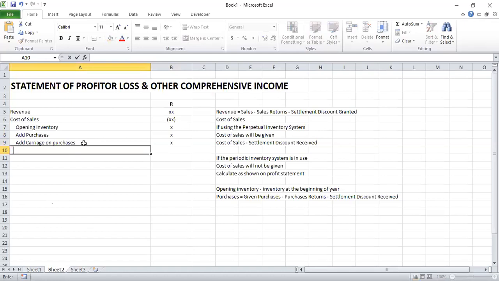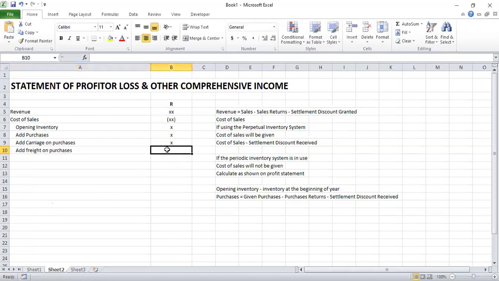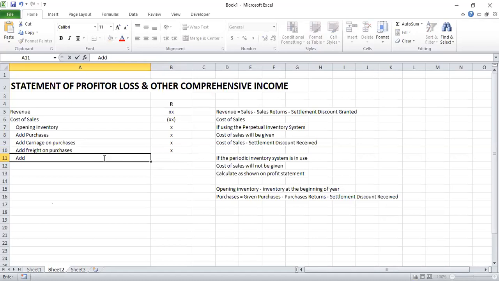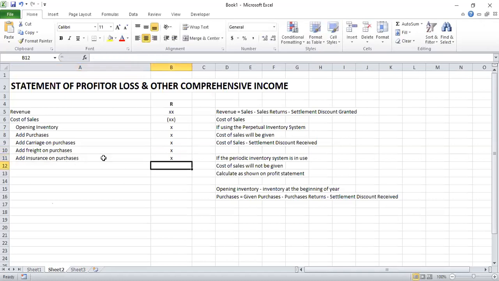They can call it freight on purchases. It's just transport. There can be insurance on purchases. Let's say, for example, you are buying and you are shipping your goods. They might need insurance upfront for that delivery of the purchase.